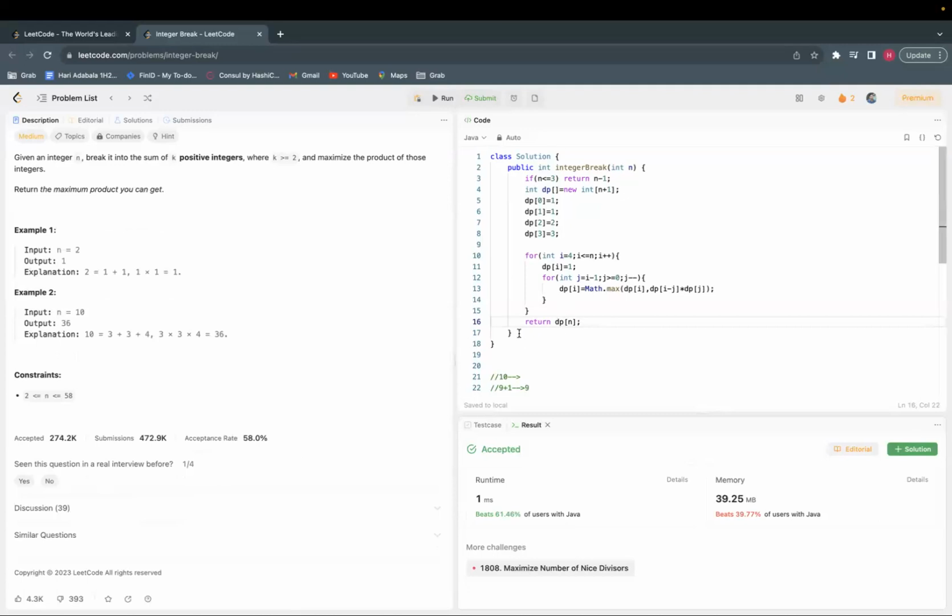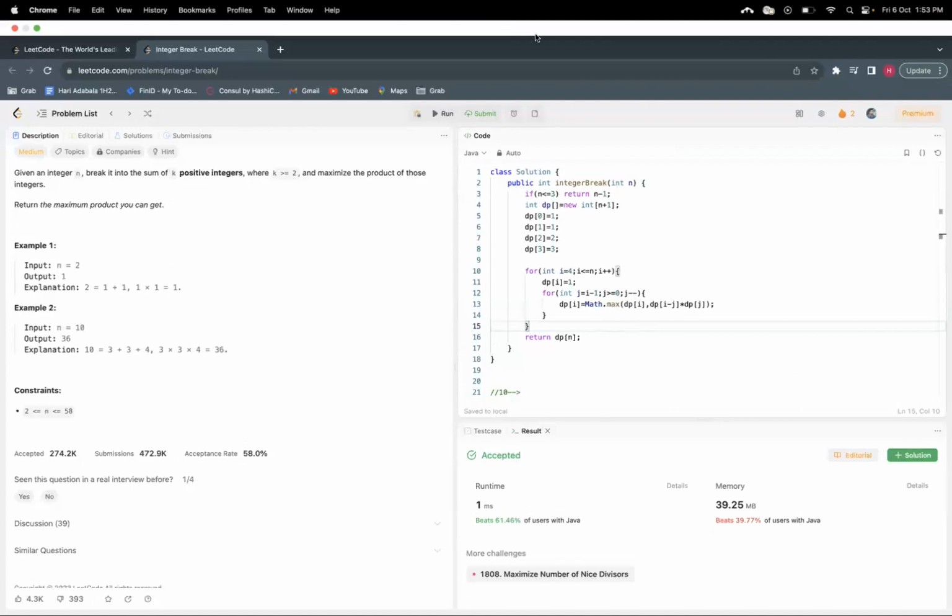I mean, we have one more solution which is more optimal than this. This solution takes order of n space and order of n square complexity. We have one more solution which takes no space and can be done in order of n time. So let's discuss it later in the next video.